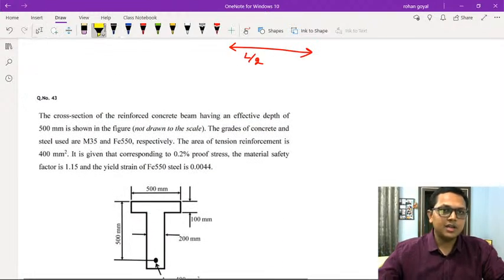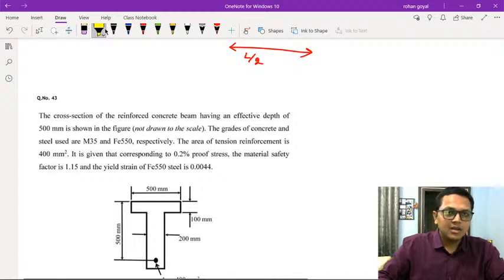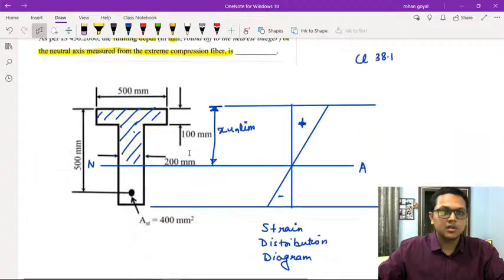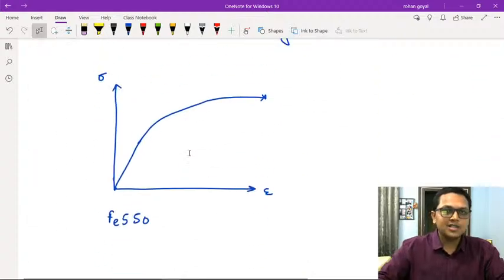Corresponding to 0.2% proof stress, with the material factor of safety of 1.15, the yield strain of Fe 550 steel is 0.0044. Let us say this graph is for fy.